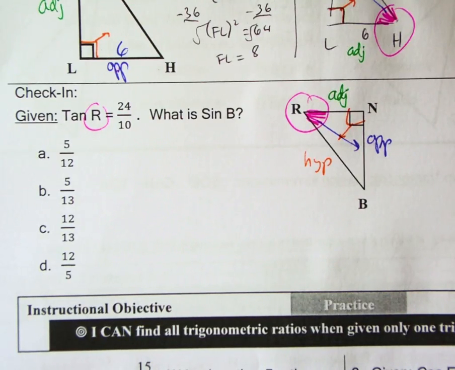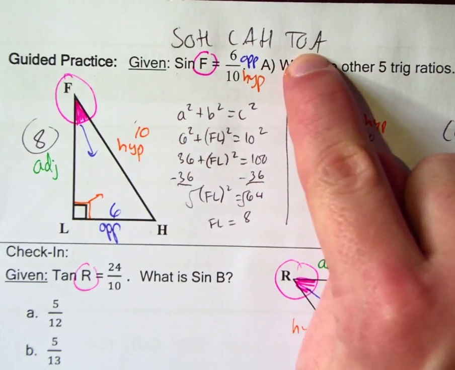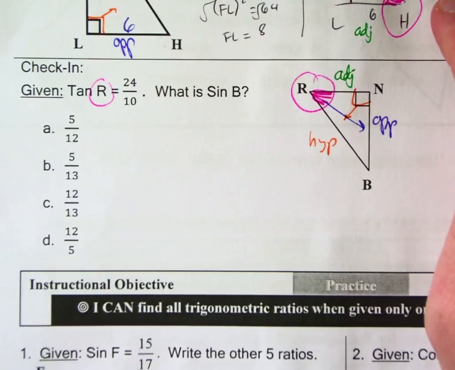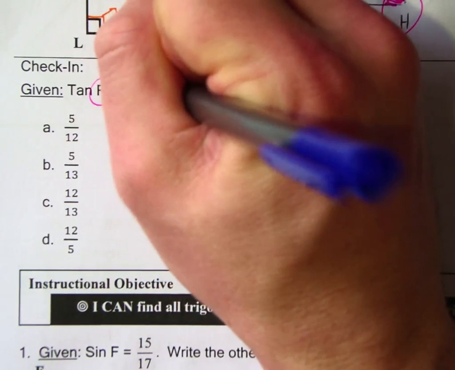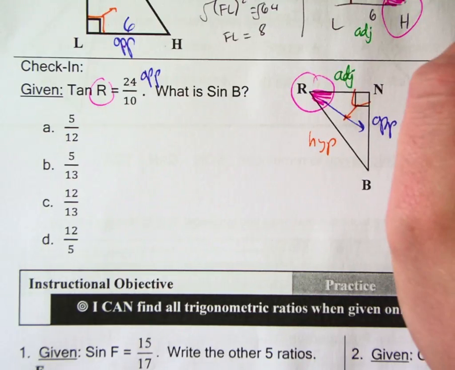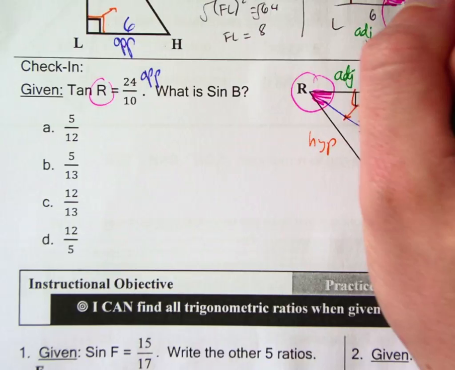Tangent, if we look at SOHCAHTOA, tangent is opposite over adjacent. So opposite over adjacent here, 24 over 10. My opposite is 24, and my adjacent is going to be 10.